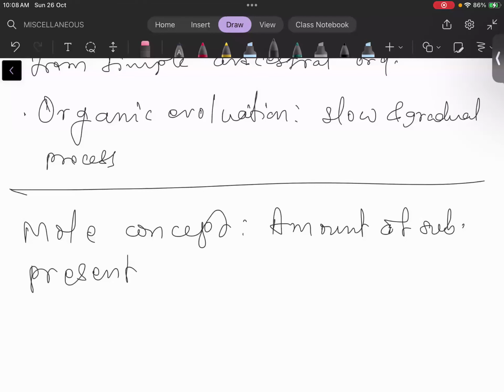Mole. Quantity of a substance, that is nothing but mole. So mole is nothing but the amount of substance that consists of as many particles, and that is called what? Mole, right?